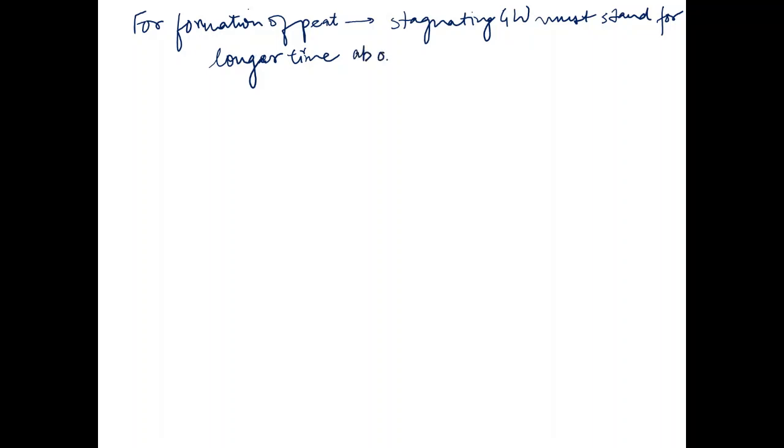For the formation of peat, stagnating groundwater must stand for a longer time above or near to the ground surface. Now what it will do, I'll just show you.